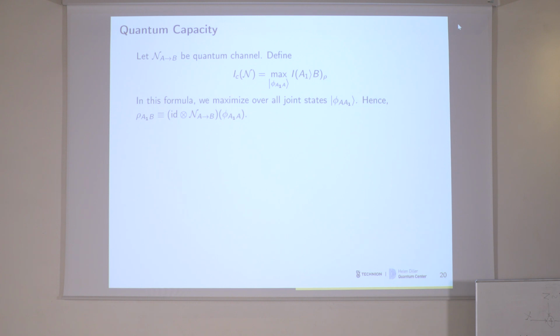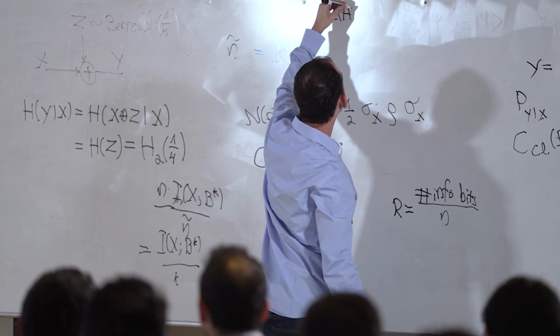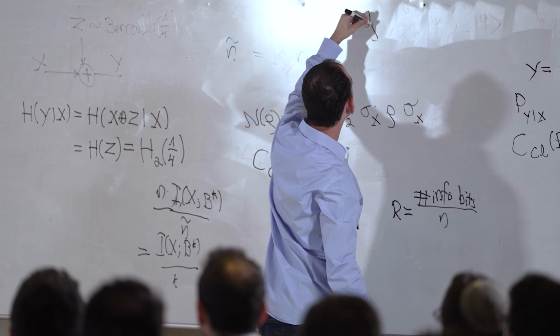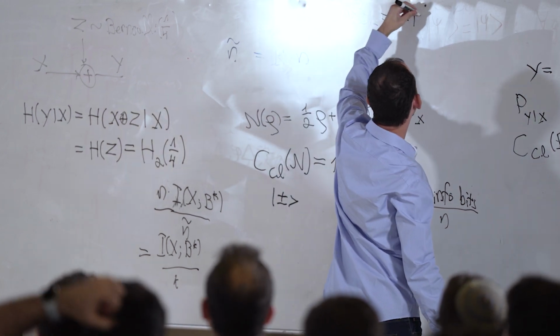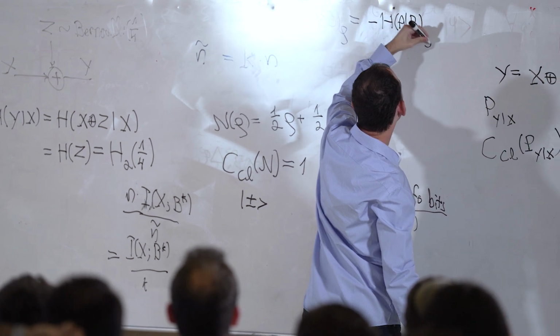Then we have the output state, rho A1 B, after we apply the channel. So we need to compute the coherent information from A1 to B for this joint state. I'd like to remind you of the definition of the coherent information. The coherent information from A to B is equal to minus the conditional entropy of A given B.